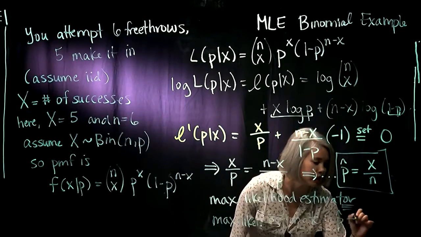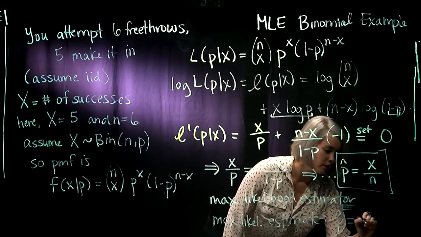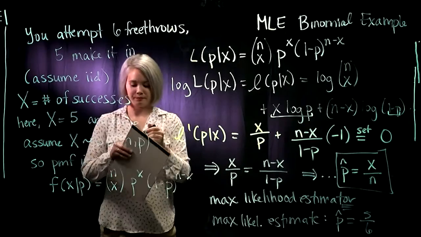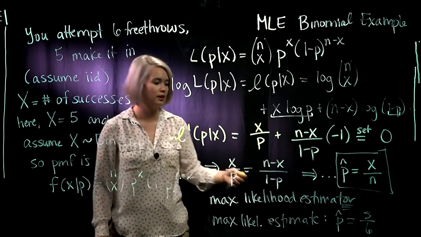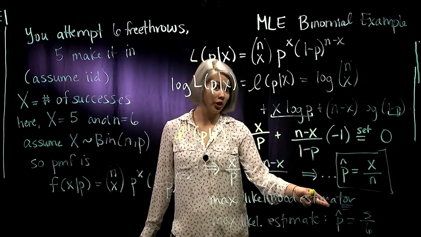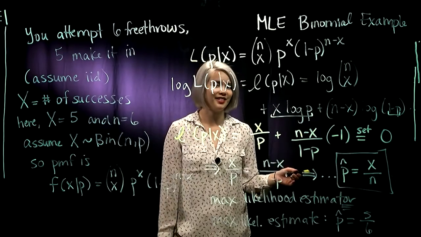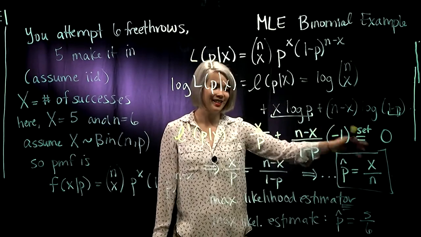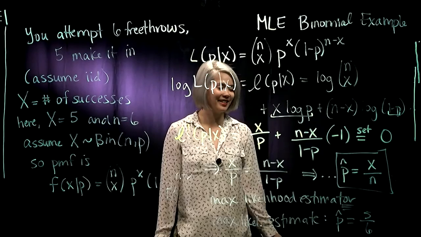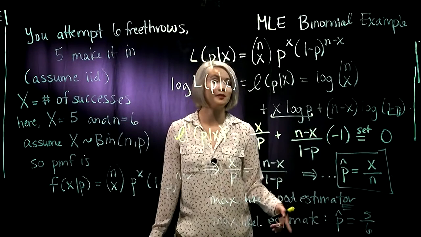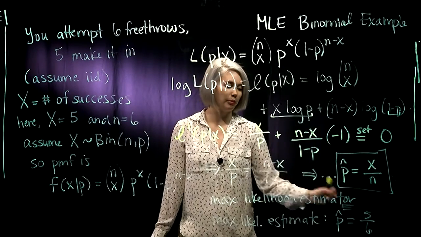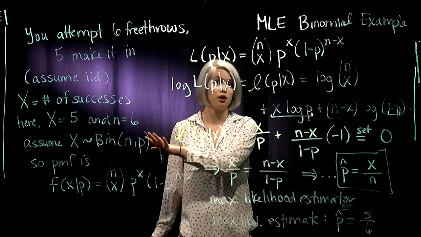So our maximum likelihood estimate here is 5/6. Again, the maximum likelihood estimator is this process and this function that you get at the end. And then the maximum likelihood estimate itself is where we plug in the actual numbers specific to our particular problem.